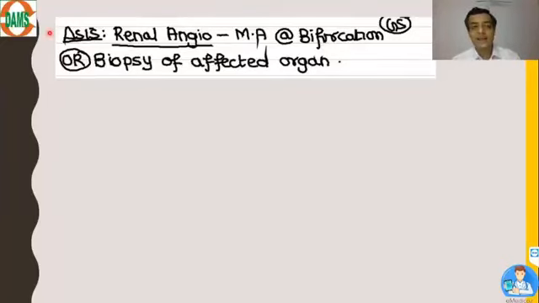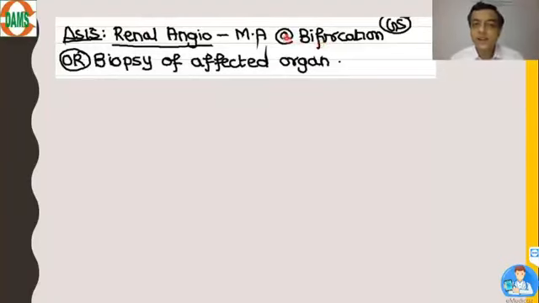And that is why renal angiography can be done. Microaneurysm at the bifurcation is a gold standard. So if the renal angiography shows microaneurysm at the bifurcation, it is the gold standard.